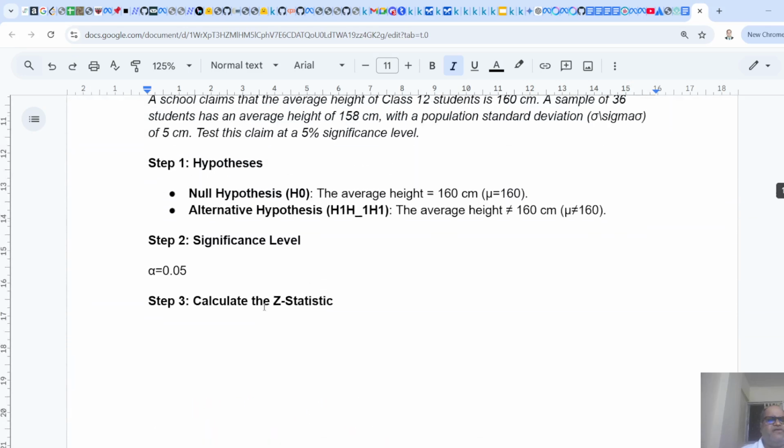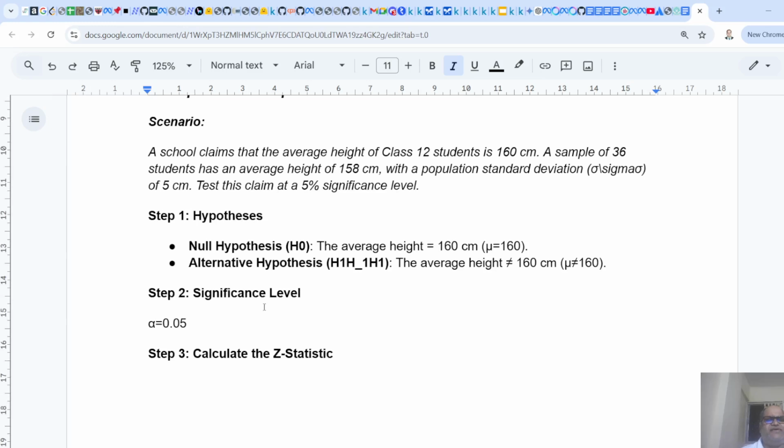Say, for example, in a school setup, someone is hypothesizing that the average class height is 160 centimeters. There could be 100 students or more, but you have taken a sample of just 36 of them, and their average height is 158 centimeters.